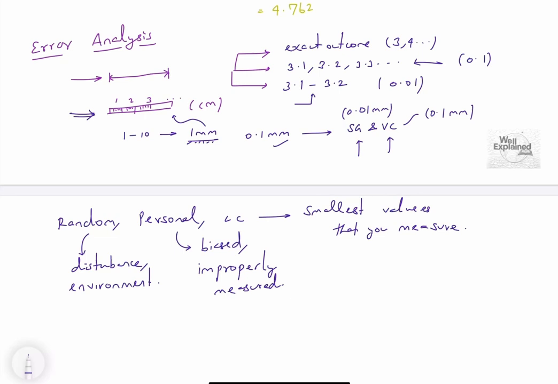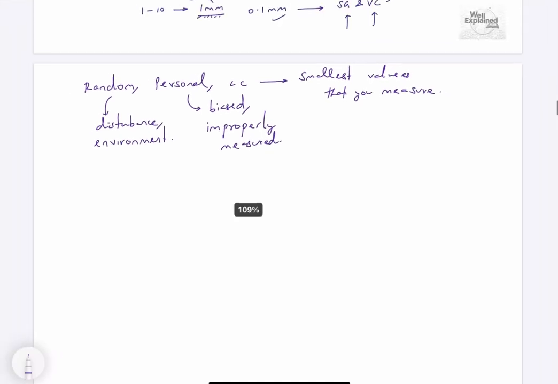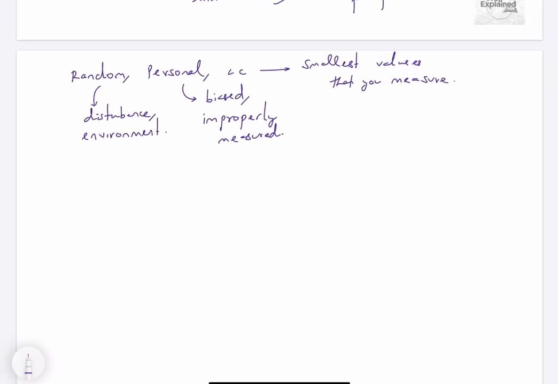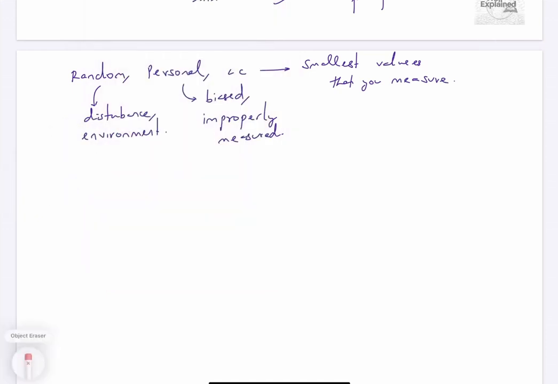In this error analysis, we have some terms to be defined, like ways to express an error. There are three ways. One is absolute error.